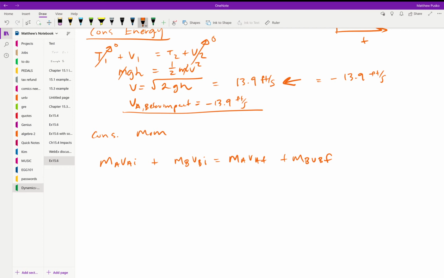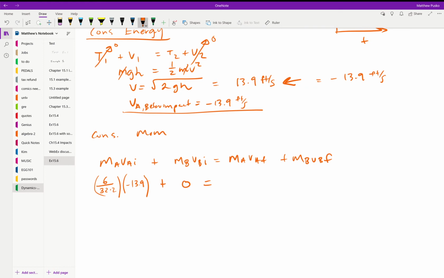Alright, for the mass, like I said before, don't put in the 6 pounds. It's actually 6 pounds divided by 32.2. So we have that number. We know the velocity right before the impact is negative 13.9. Make sure to get your signs correct here. And mass B was not moving, so we're going to get that 0.